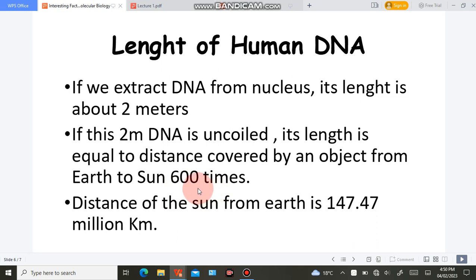It means if an object covered the distance between the Earth and Sun 600 times, it would be equal to that 2 meter DNA. Such a very large length of human DNA. And the distance of the Sun from Earth is 147 million kilometers.